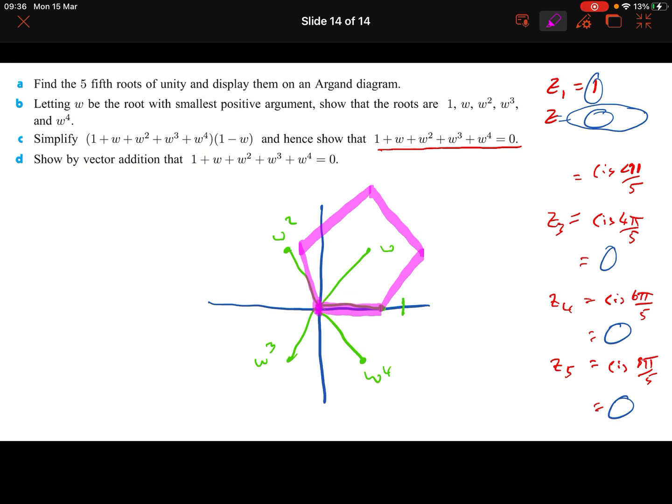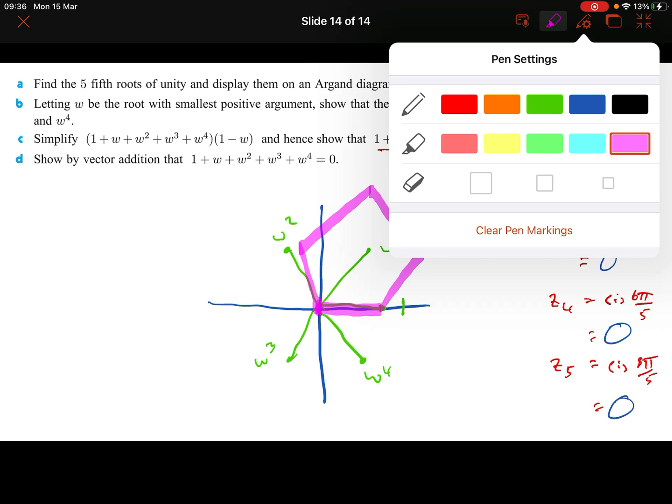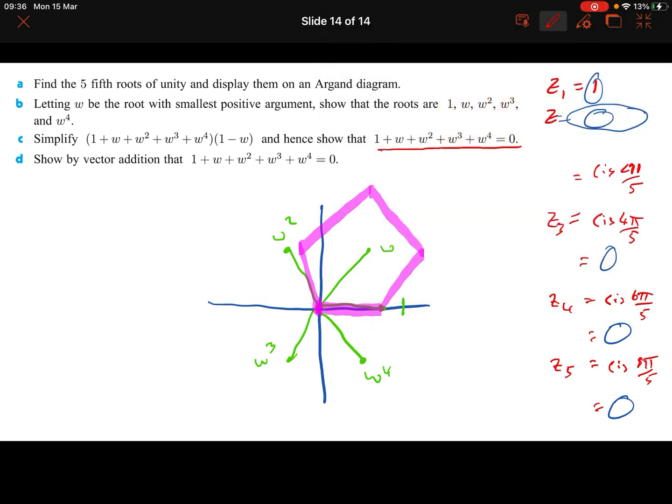Basically it makes a pentagon where you arrive back at the same point. So that just shows you that you've moved nowhere, so your resultant vector is nothing. Okay, so it's equal to 0. So if you add these values that I've asked you to work out yourself, it will equal 0. Okay, so that's roots of unity.